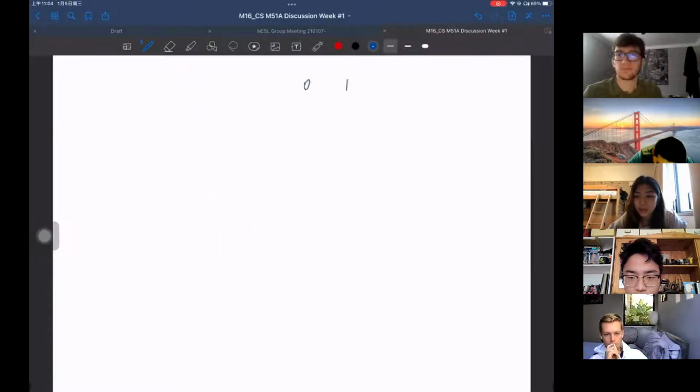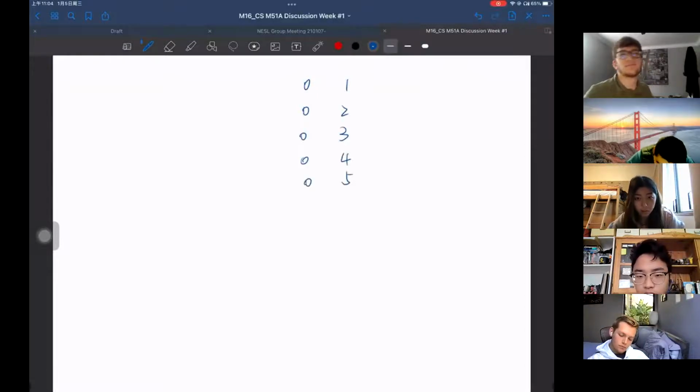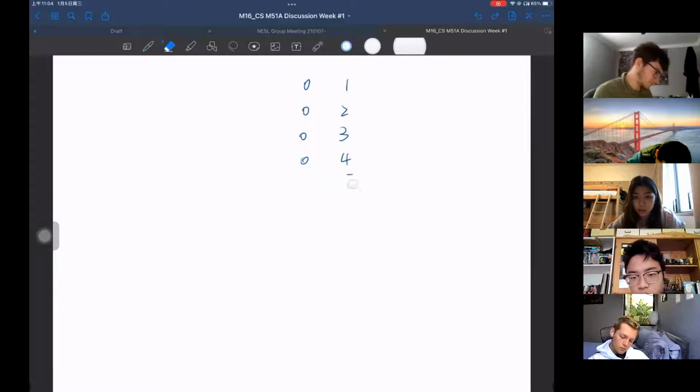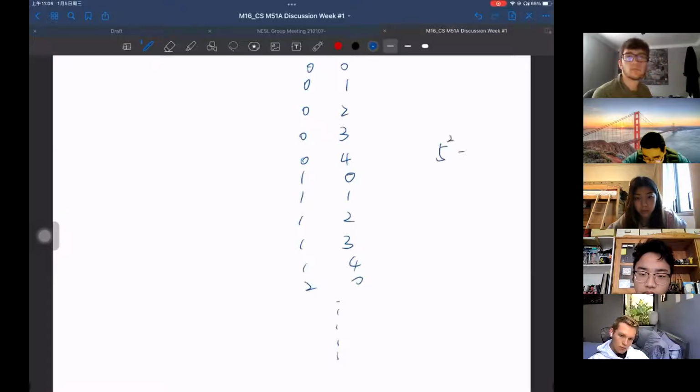How many codes can we have? 0,0; 0,1; 0,2; 0,3; 0,4; 1,0; 1,1; 1,2; 1,3; 1,4; and 2,0. How many combinations can we have for 2 rats? 5 to the 2 is 25, right? So we can encode 25 bottles with only 2 rats.